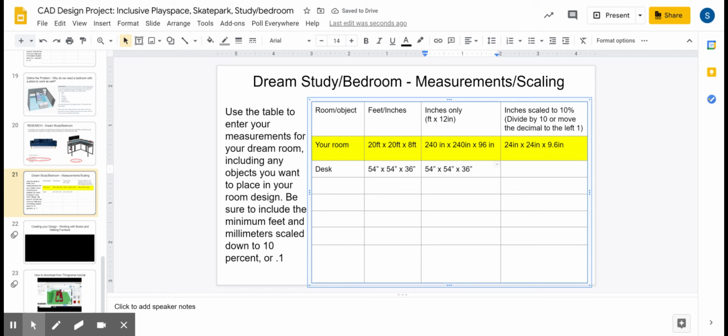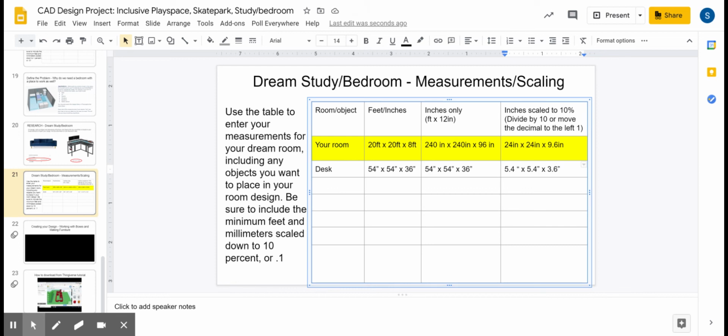But since we want to scale it down to 10%, again, we need to take our decimal and move it 1 to the left. So 54 inches becomes 5.4 inches by 5.4 inches by 3.6 inches, because all we had to do was move our decimal over 1.